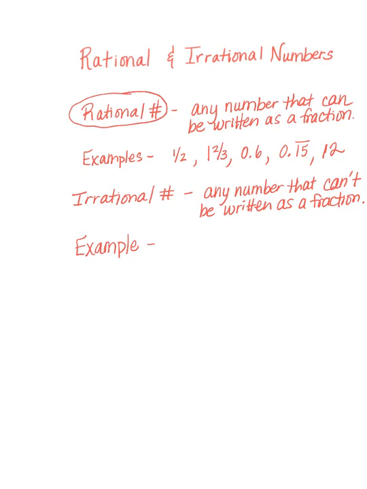This is the only kind of number that cannot be written as a fraction. So a number to be irrational would have to look like this. It is a decimal that doesn't repeat and does not terminate.